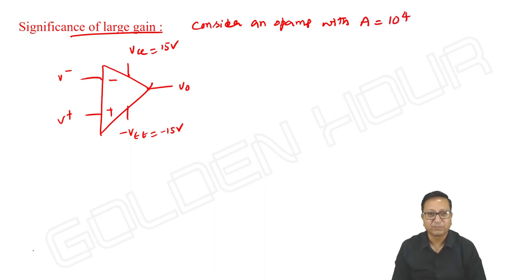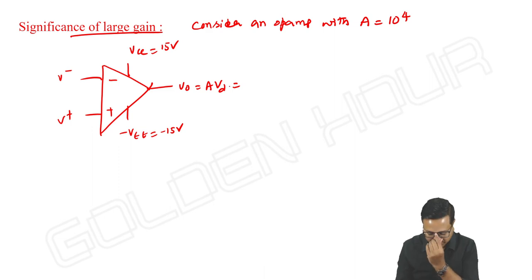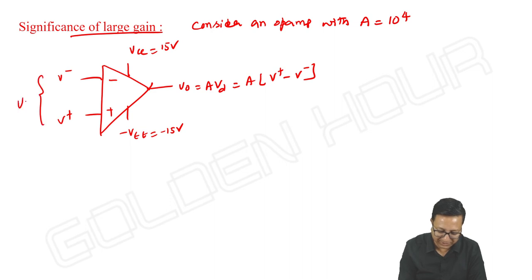Then V output is equal to A into Vd, where Vd is nothing but V plus minus V minus. Many times I wrote it, it is Vd, taken from the non-inverting terminal to the inverting terminal. That is the notation we follow.